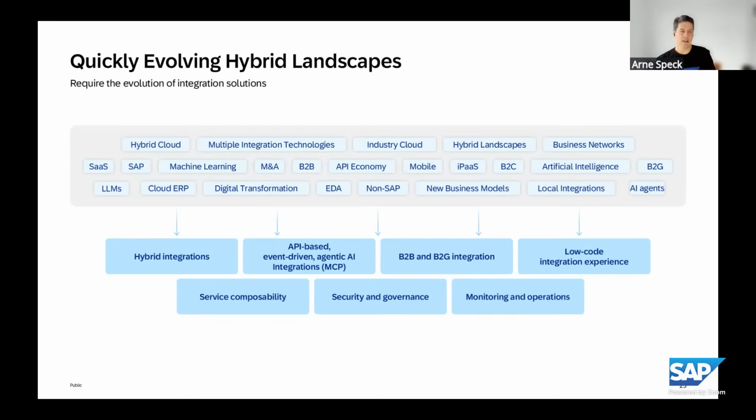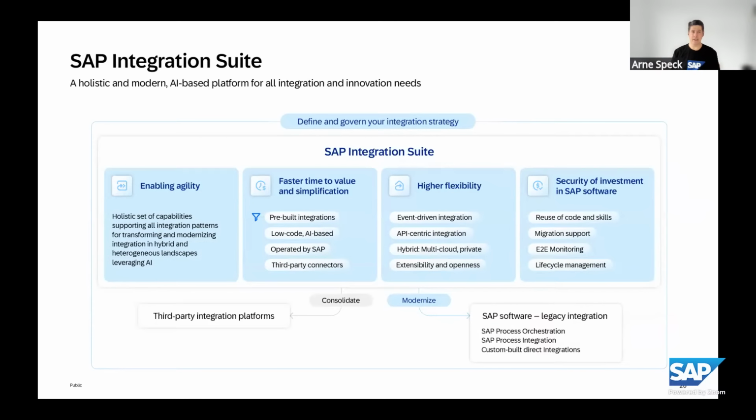So our approach is really looking into a common approach, which is mainly delivered by one product on BTP, which is called SAP Integration Suite, which actually gives you the capabilities to have A2A, B2B, B2G integration on a single platform, having event-based capabilities to provide the entry into the event-driven architecture world, having an API management integrated here, offering also the required B2B, let's say, add-ons that we're seeing are needed, like a partner management solution, or an extended onboarding solution for new business partners here to be integrated into the solutions.